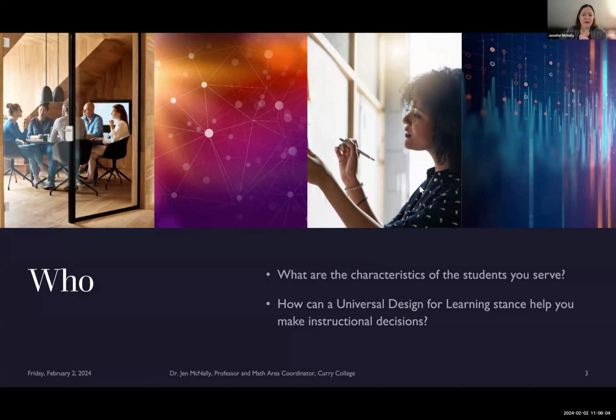Thank you. And so my approach is always to think about my learning environment in terms of universal design for learning. So what that means to me is that I'm going to prioritize and put first the things that I value.